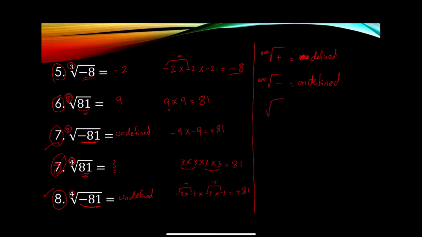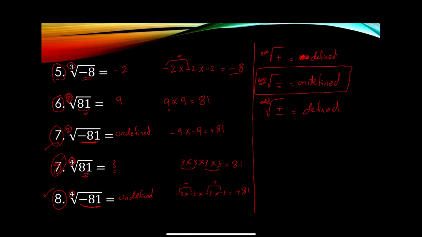In case of odd, whether it was positive or negative, the answer is defined. So the only case that we have for undefined result, in the case of dealing with real numbers only, is when we have an even degree and we need the root of a negative number.